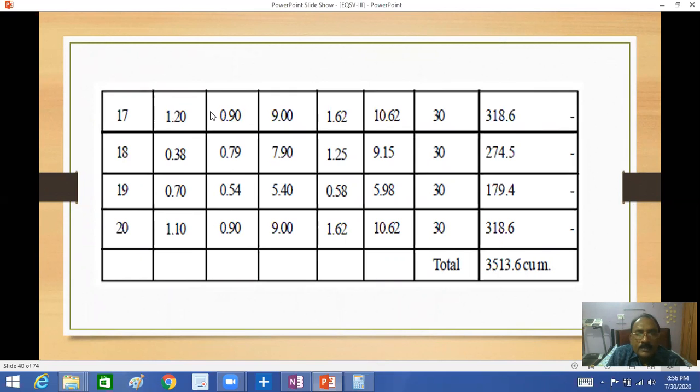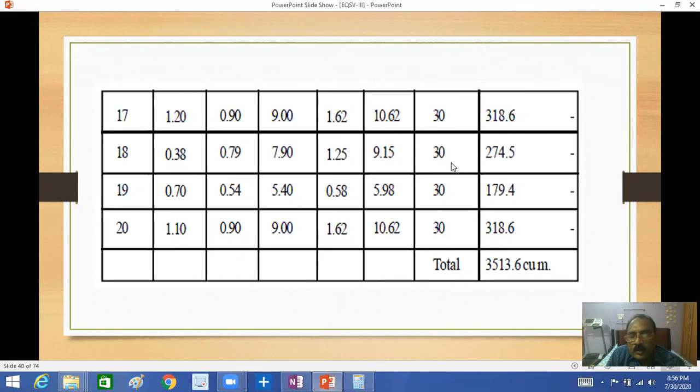This is BD. Area into length gives you the quantity. Similarly, for the 18th, 19th and 20th chains you will get the quantity.